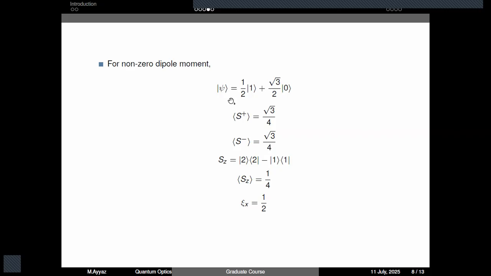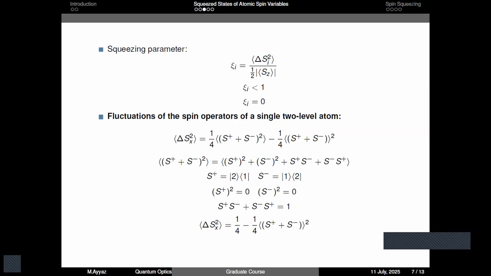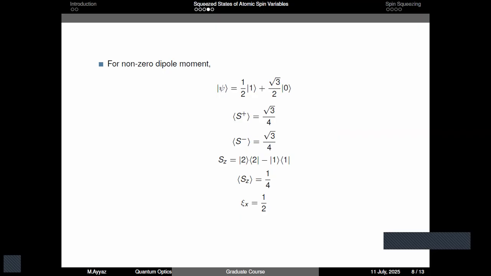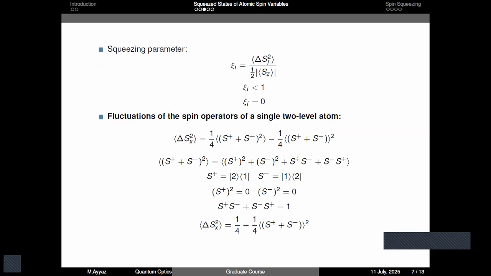So let's take an example that we have a two-level atom, and it is in a ground state, then the value of this parameter is going to be 0.